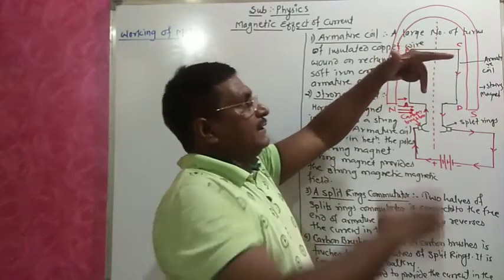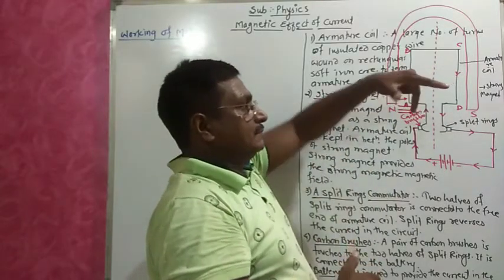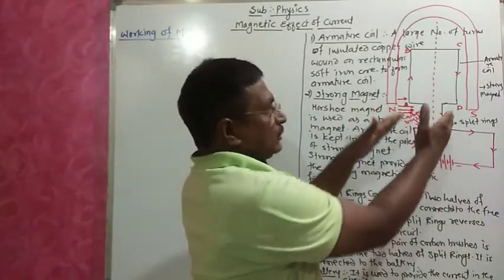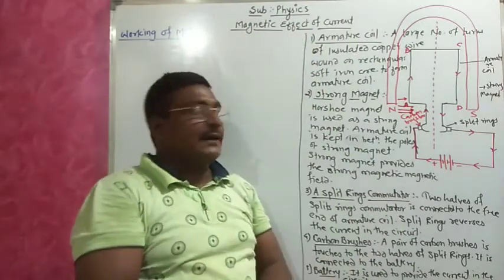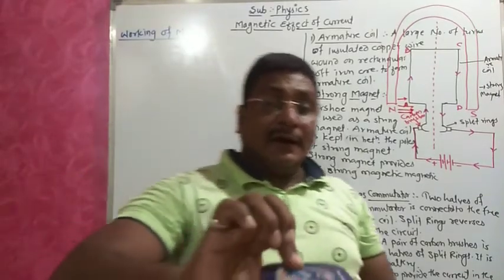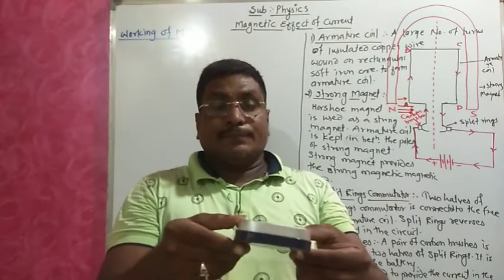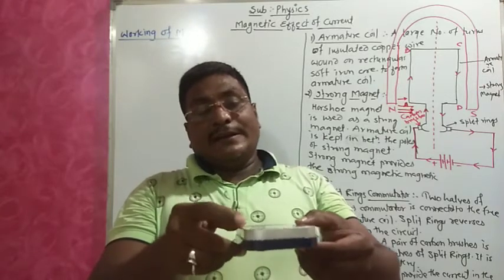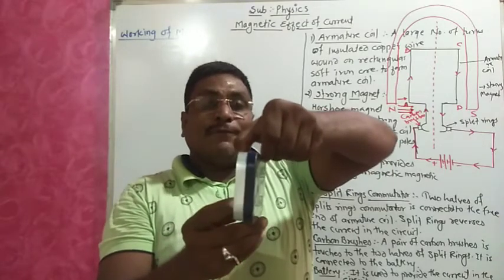So what you are observing, this will go in the upward direction. Understood? So it will move in the upward direction. So CD will come up and AB will go in the downward direction. So when again current is flowing in the circuit, it again exerts a force on CD and CD will go in the downward direction and AB will come in vertical upward direction, up.